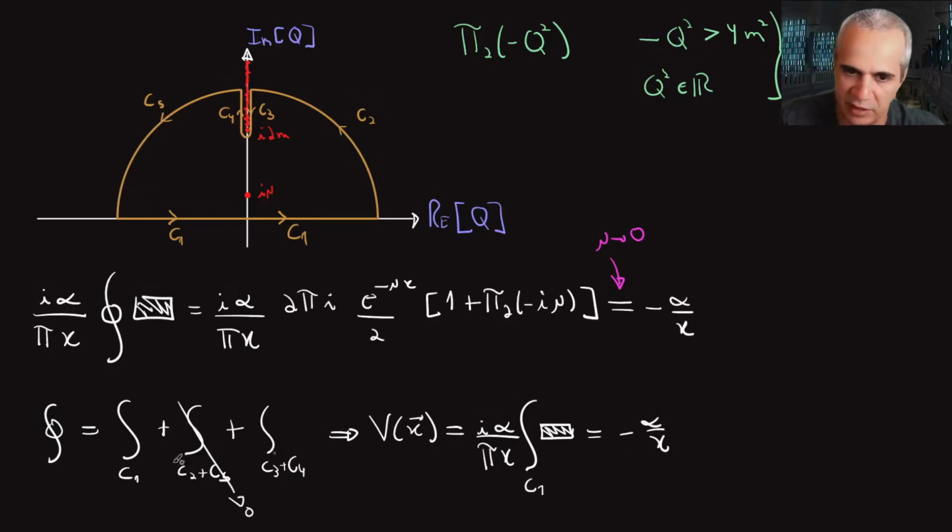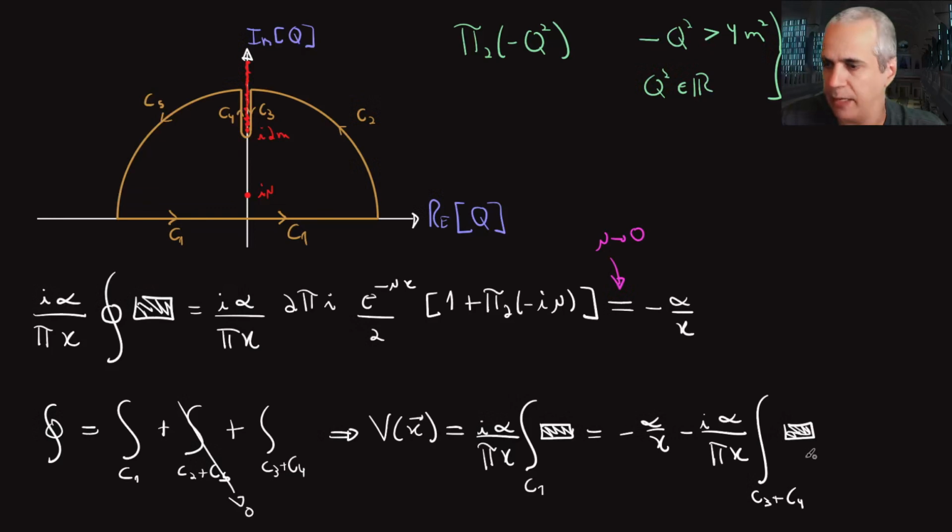So this is just the integral over the whole closed path, minus the integral over C3 plus C4.